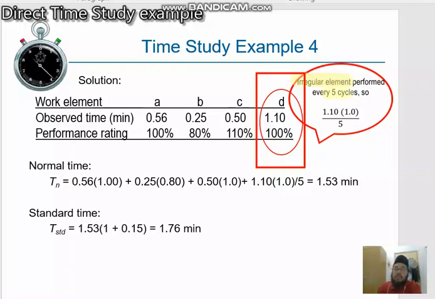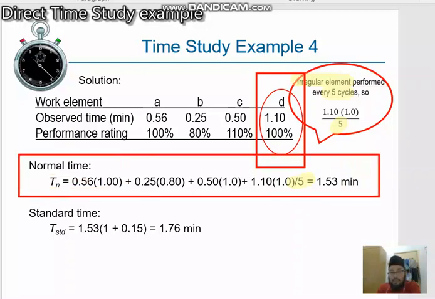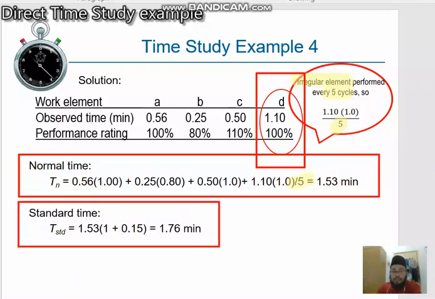So in element D, we have to divide by the number of cycles it appears. In this case, element D appears every 5 cycles, so we divide it by 5. From there, we determine the normal time, and from normal time, we calculate the standard time.